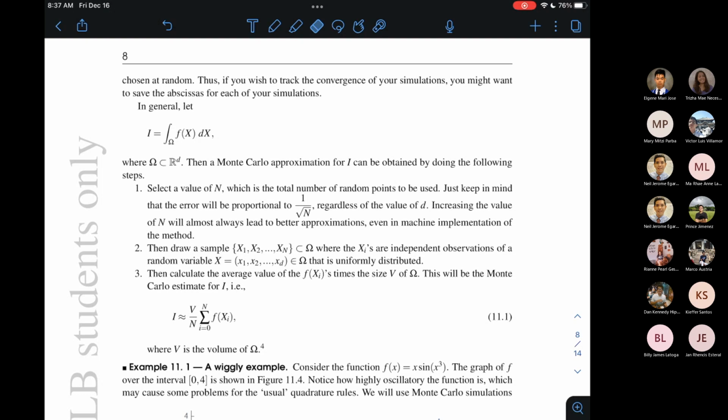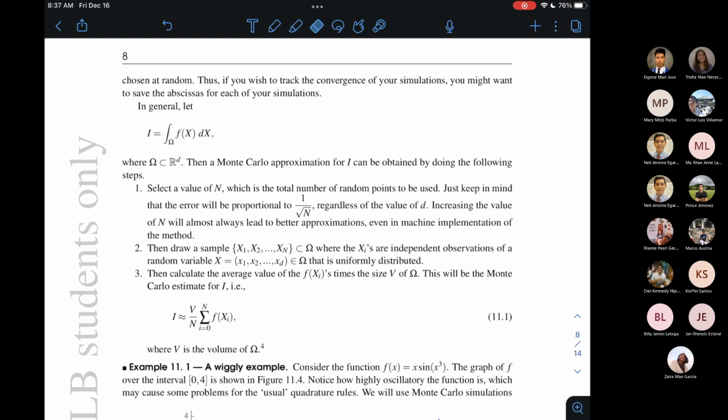then you will get, in the long run, a number very, very close to the integral itself. And we said that though this method has a very slow rate of convergence, we can compensate for it by, number one, starting with a large number of points. Because the first step here is selecting capital N number of points to be our simulation points, or the seeds in our random experiment. Ano? So palakihin mo na yung number of seeds in the beginning.